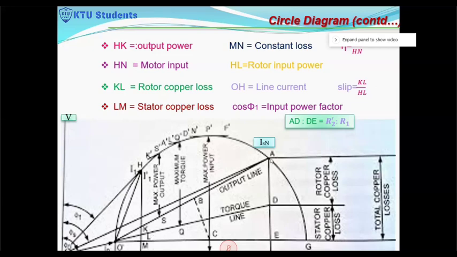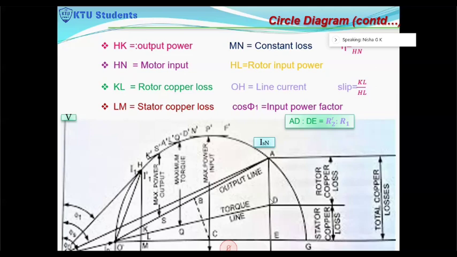So A and F represent the PSN. PSN is the power input at blocked rotor condition under normal voltage. You can take the power scale by considering PSN divided by AF, which will give you the power scale corresponding to the circle diagram.